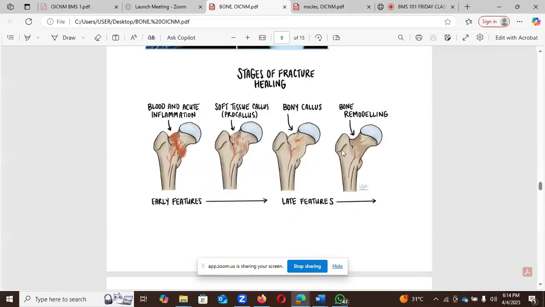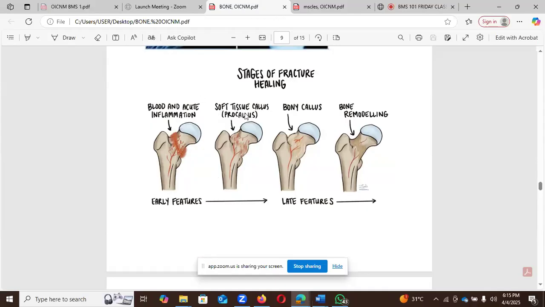Okay, in bone healing, I said there will be accumulation of blood outside the bone, hematoma, and there will be acute inflammation. The first stage is that there will be accumulation of blood, hematoma, and inflammation.